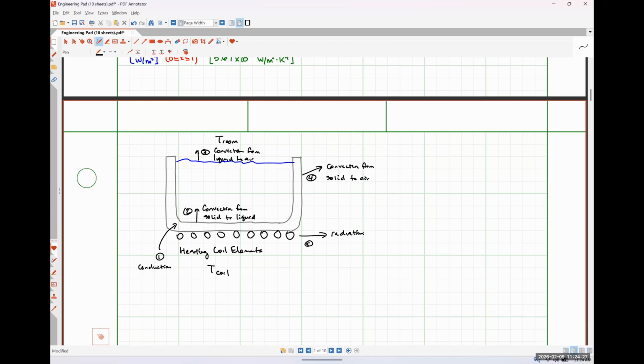So I'm saying that because it's electricity doing the work there, we're going to call that radiation. Because radiation depends on propagation of electromagnetic fields through a medium, which is all what electricity is. But you could very easily say that it's the surface of those things getting hot that is convecting into the air as well.